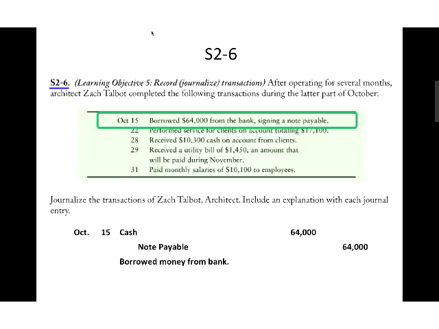So what we're going to see here is the journal entry listed on the screen below. The date, October 15th, cash is debited for $64,000. Note payable, a liability, is credited for $64,000. Things to note, you always indent the credits, and credits go in the far right column, debits go in the second column over.